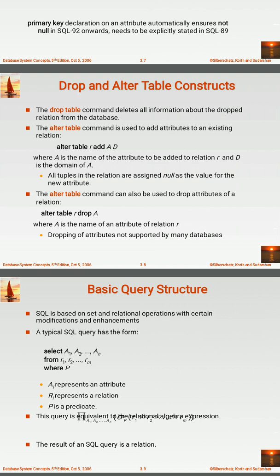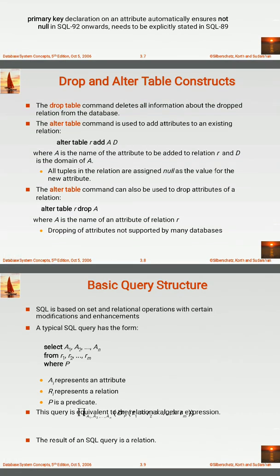That means if you want to modify the table, you use alter table r add A D, where A is the name of the attribute to be added to relation r and D is the domain of A. All tuples in the relation are assigned null as the value for the new attribute. The alter table command can also be used to drop attributes of a relation: alter table r drop A, where A is the attribute.